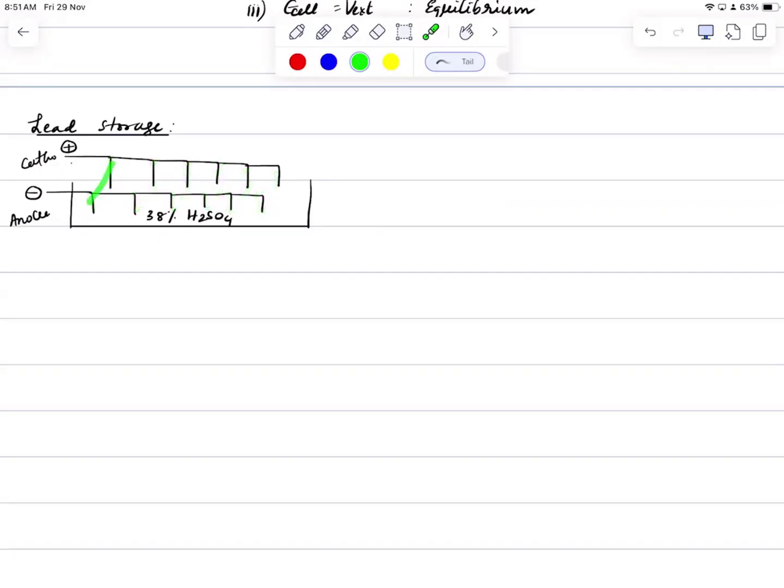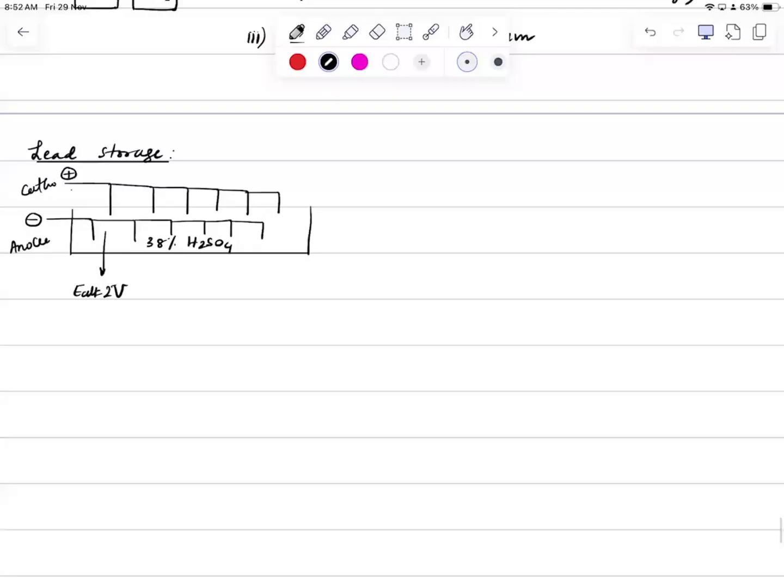So each cell will develop a voltage of around 2 volts. E cell of around 2 volts. So the series of these cells is what we call the lead storage battery. Typically, what would happen here is at anode we will have lead. This part will be lead, while this will have a lead dioxide coating.